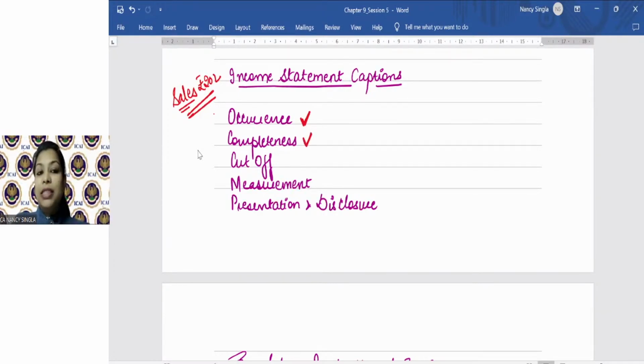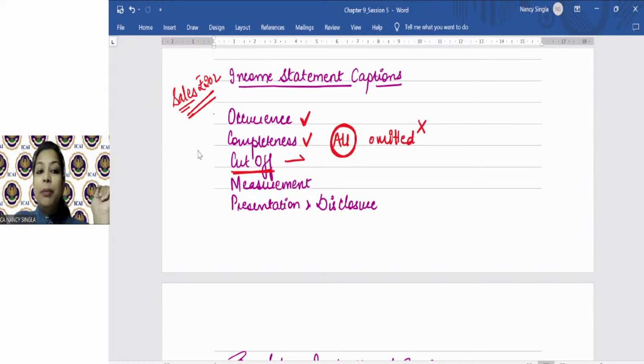Completeness means that all of the sales that were supposed to be recorded or recognized in the books of accounts have been considered, and none of the sales is omitted, right? Remember, we have done this in detail in our first session.